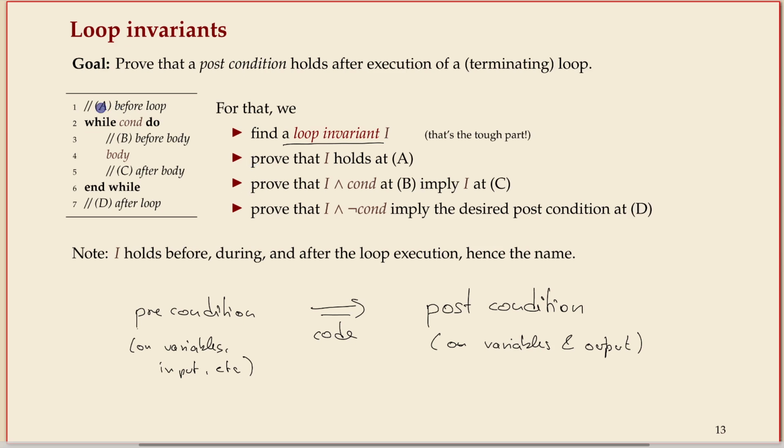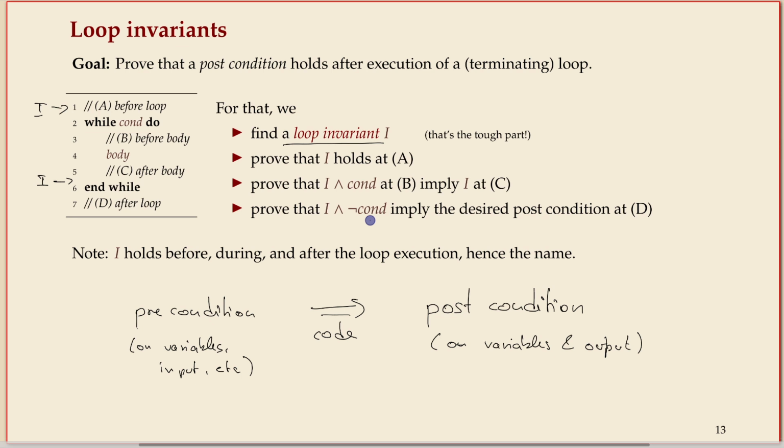Namely, it should be true before the loop, so the invariant has to be true here. Then if you have the invariant and the condition that means you continue another iteration of the while loop, then the invariant has to be reestablished at the end of the loop body.